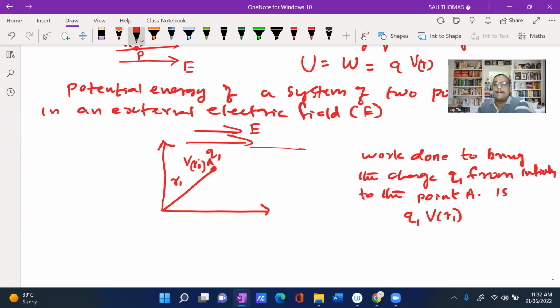What is V(R1)? V(R1) is the potential at the point A due to the external field.